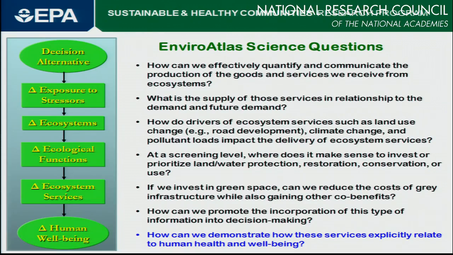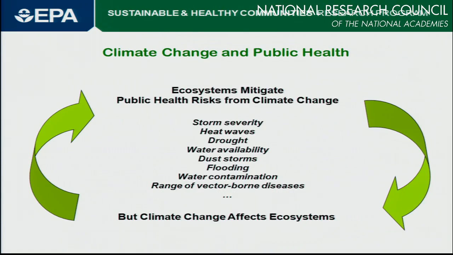So there are a lot of questions that we're using to develop the atlas. I wanted to highlight here, just at the bottom, that we are trying to communicate how these services do have an impact to health and well-being as far as what we understand in the state of the science. I think that we've talked a lot with members of the health community. We've been talking with CDC.